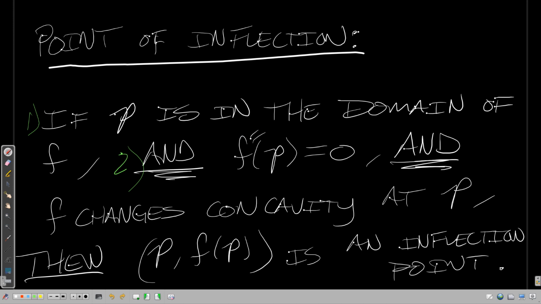Can't be undefined, has to be zero. And number three, f has to change concavity at this point. If you get all three of those things to happen, then this point is an inflection point.